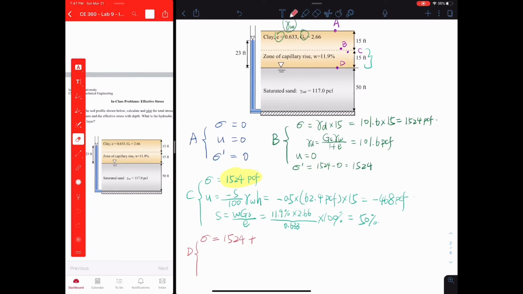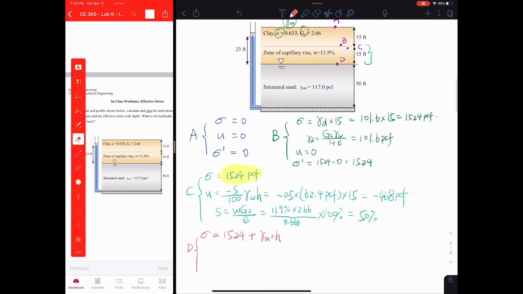How do we calculate the total stress of the second layer? Again, we use gamma M multiplied by H. The moist unit weight is not given here, so we are going to calculate it ourselves. First we list the equation here.